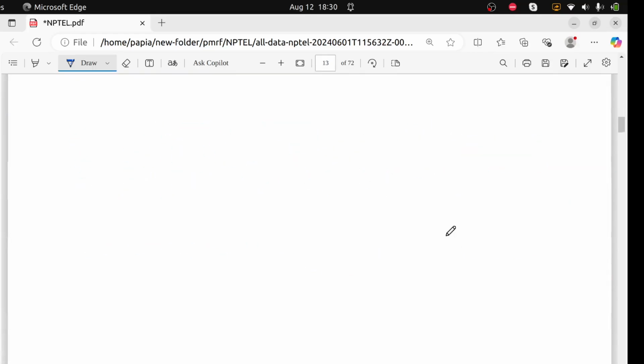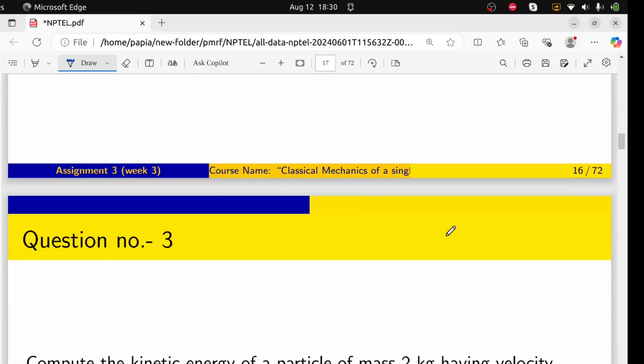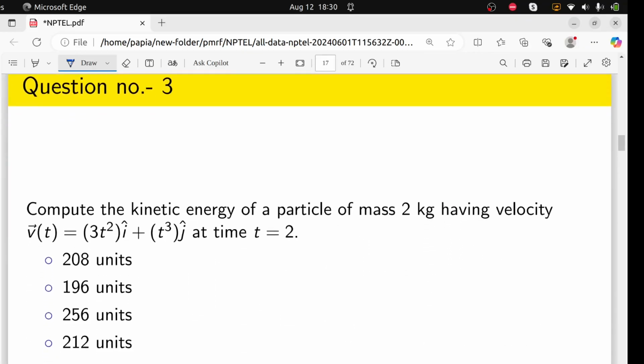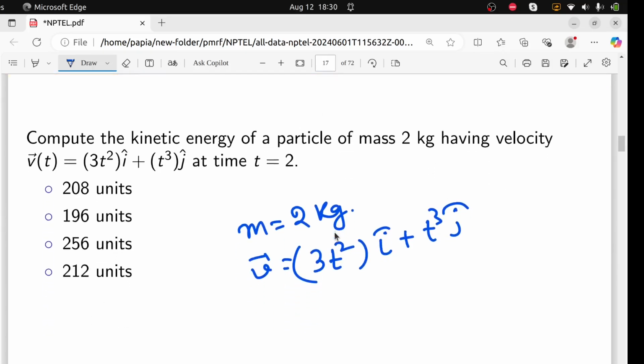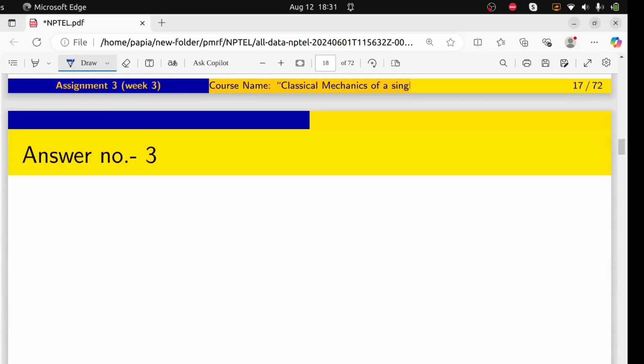Okay, now maybe we can come to the next question. Compute the kinetic energy of a particle of mass 2 kg having velocity v, 3t square I cap plus t cube j cap, at time t equals 2. So what will be the kinetic energy of the particle?